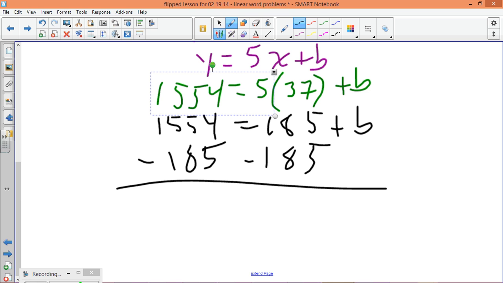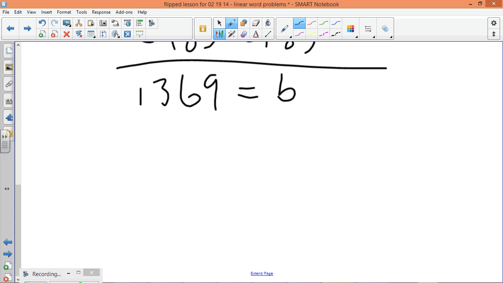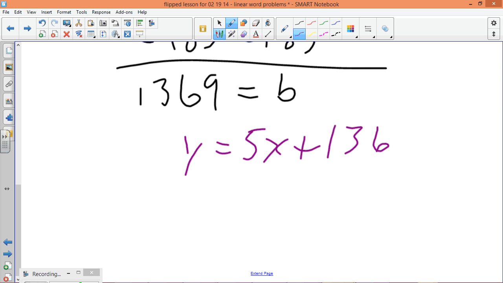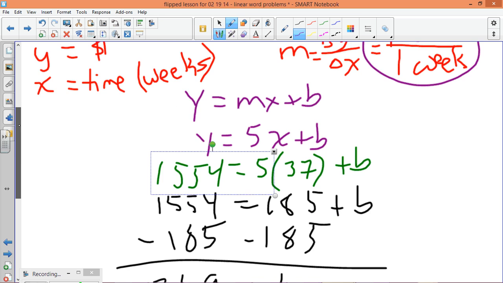Going to use my calculator again. I get 1,369 is equal to b. So I know now my equation, y equals 5x plus b, which is 1,369. This will allow me to answer all of my questions.